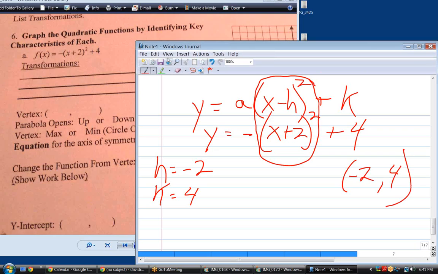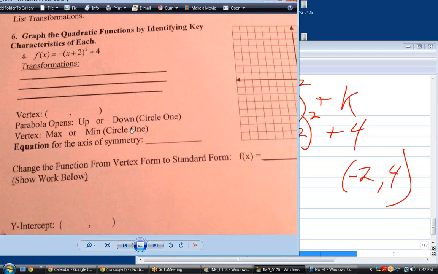The beauty of the vertex format is that you can read the vertex without doing any more work. You don't have to do minus b over 2a. You don't have to solve for anything. If it's in vertex format, you can read the vertex directly off of it. Does this parabola open up or down?